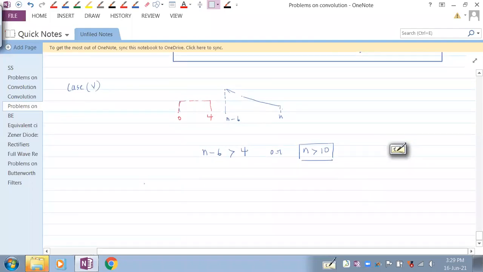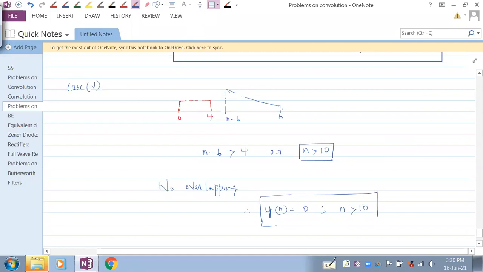No overlapping. Therefore, y of n would be 0 for n greater than 10. So this is what one should understand.